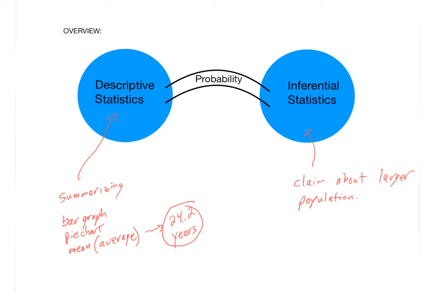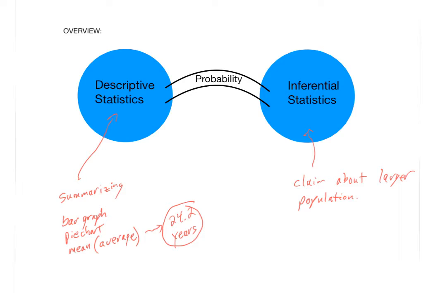For example, if I were to tell you I'm 5% confident that the average age of all college students in the US is 24.2 years, would you feel as comfortable with that as if I were to say there's a 95% chance that the average age of all college students in the US is 24.2 years? Obviously, 95% confident sounds much stronger than 5% confident. Notice here that all these percentages I'm mentioning are examples of probability.